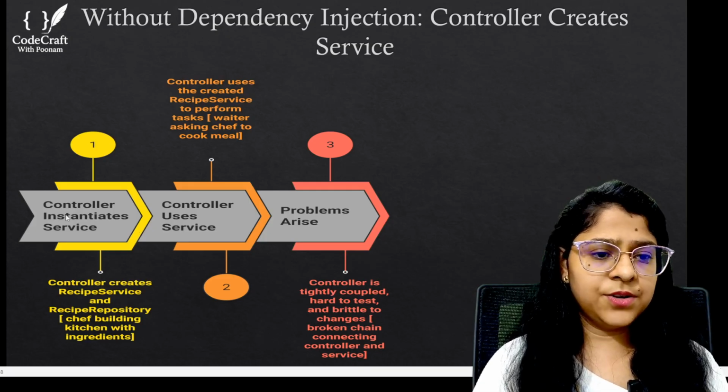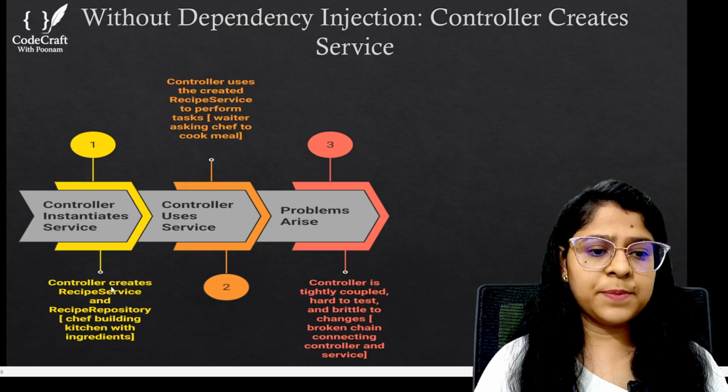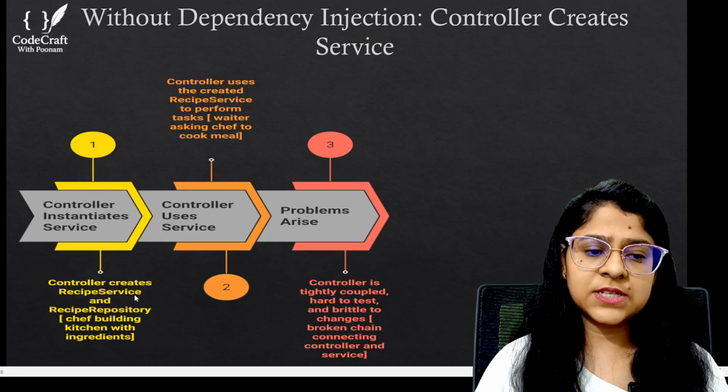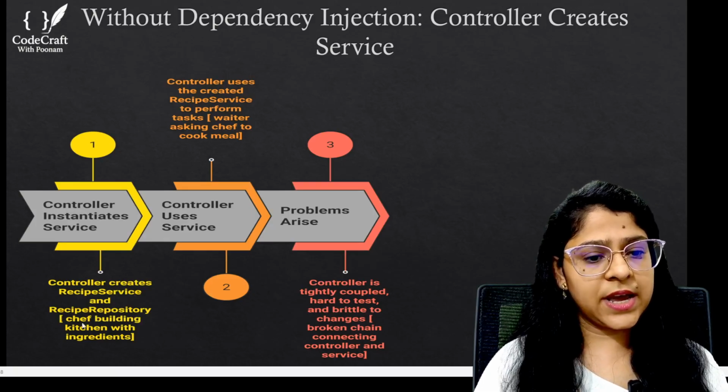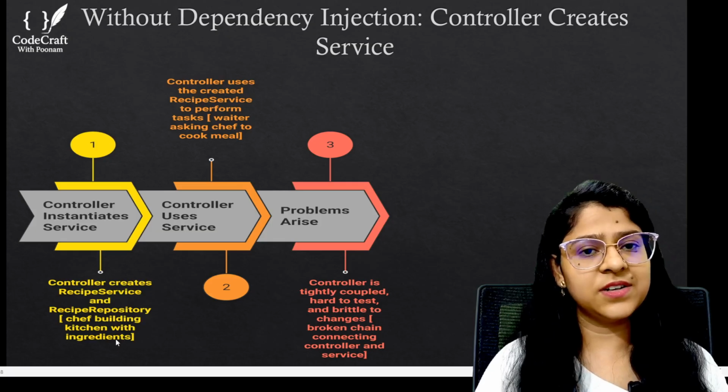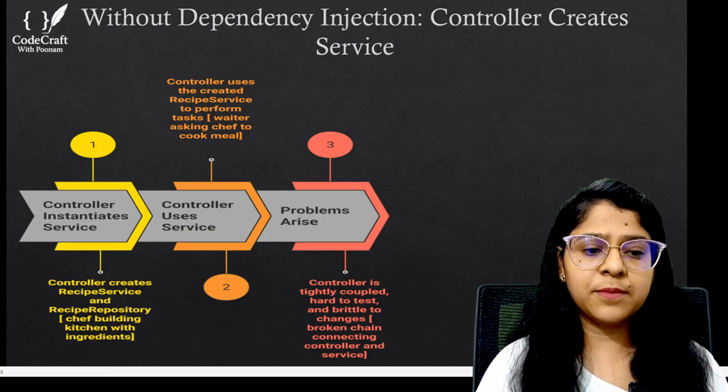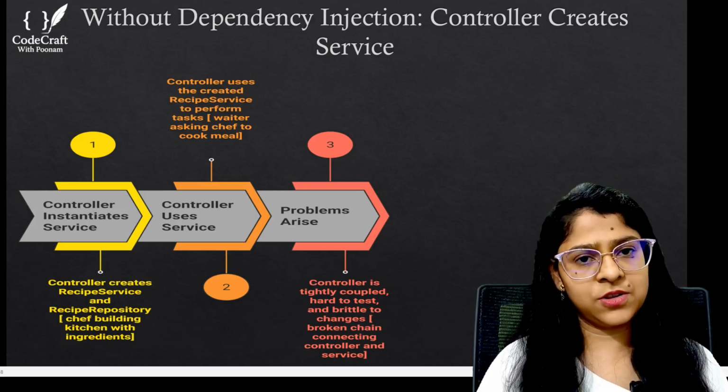So here you can see that if the controller instantiates the service, then the controller needs to create this recipe service and recipe repository. It's just like a chef building a kitchen with ingredients, but the main purpose of a chef is to cook, right? Not to build a kitchen and all the ingredients.